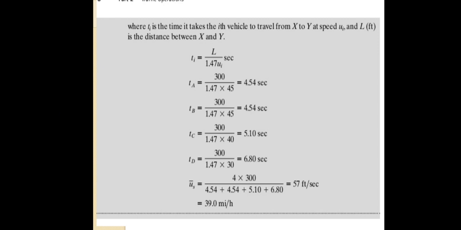T sub i is equal to L over 1.47 u sub i. T sub A is equal to 300 over 1.47 times 45, equals 4.54 seconds.